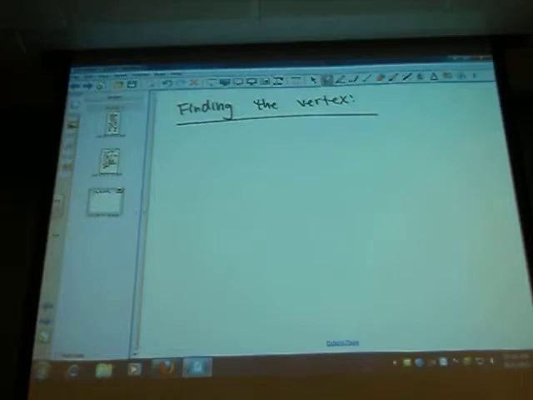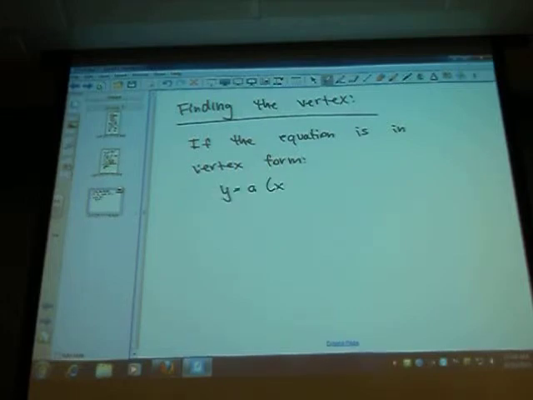So if the equation is in vertex form, then you can pick out the vertex from the equation. Vertex form is a times x minus h squared plus k.